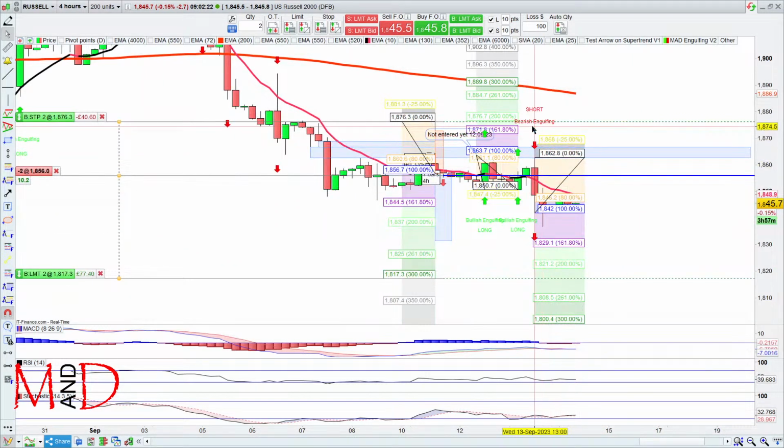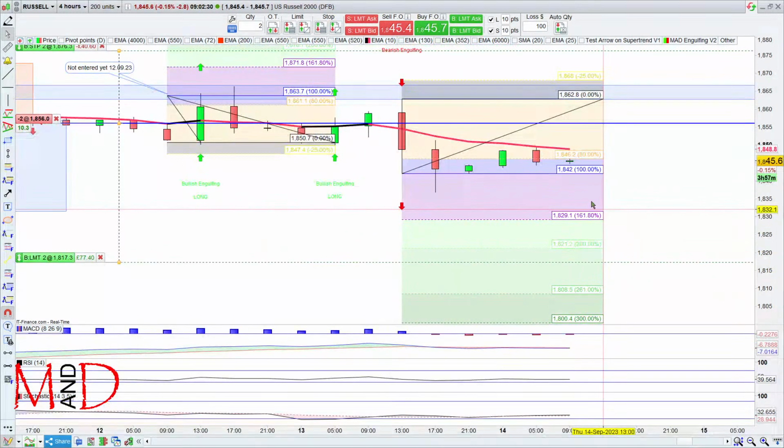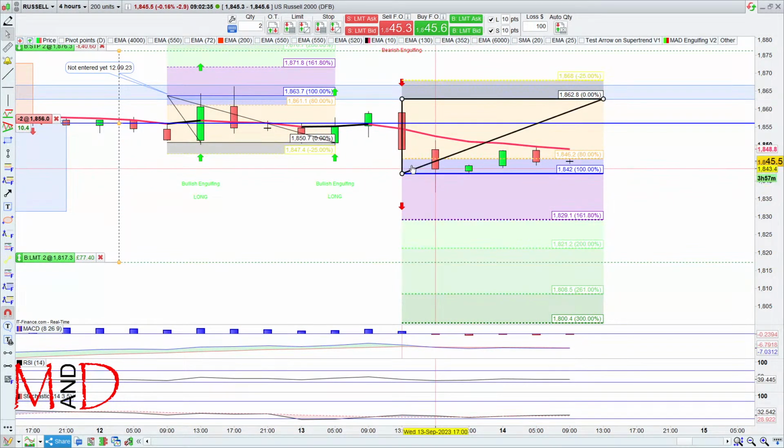And it's on this 4-hourly candle here, but because I set it after, you were thinking, why are you not in it? I'm not in it because I set it about 5:15ish, I think, and it had already nipped down and come back up again, and tried to squirrel its way back down.